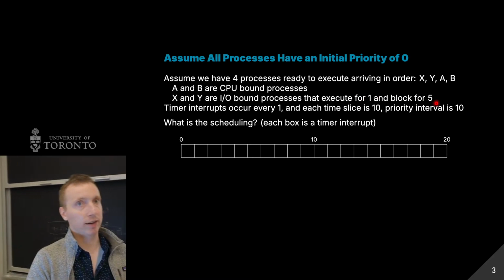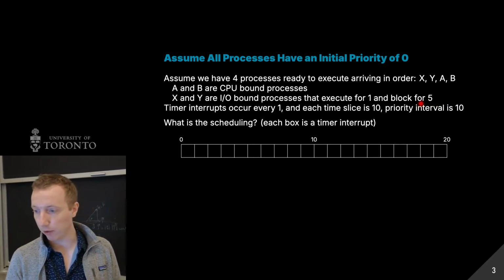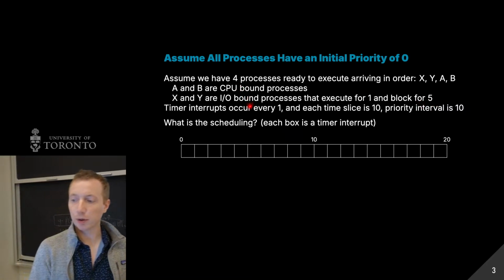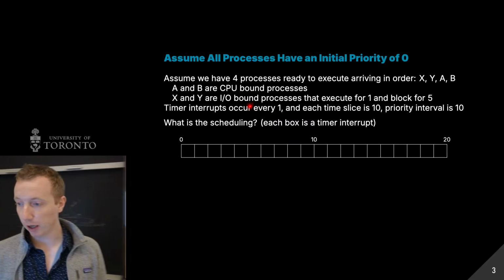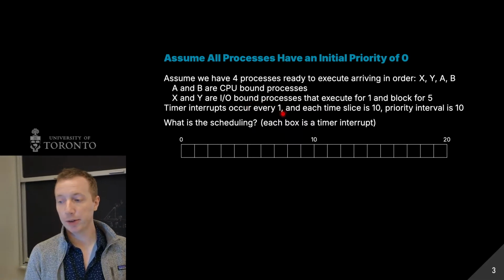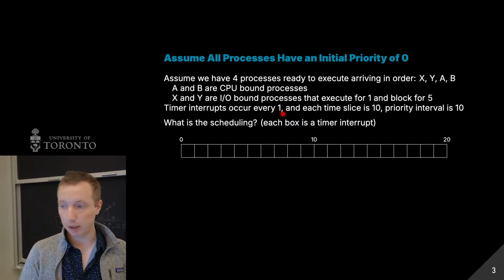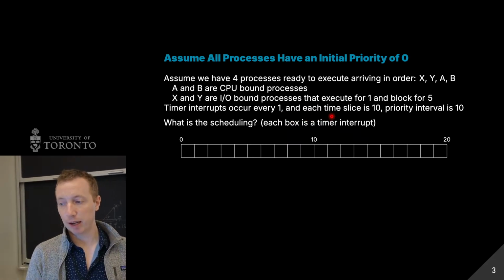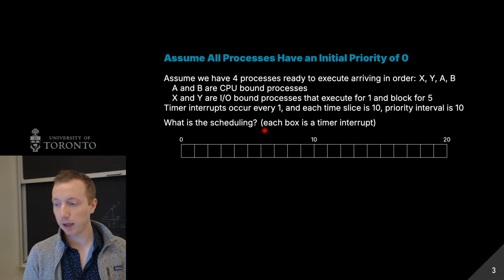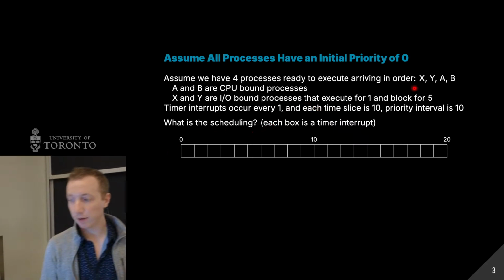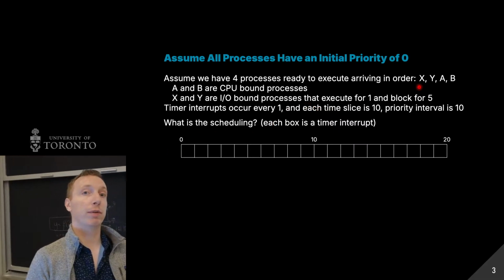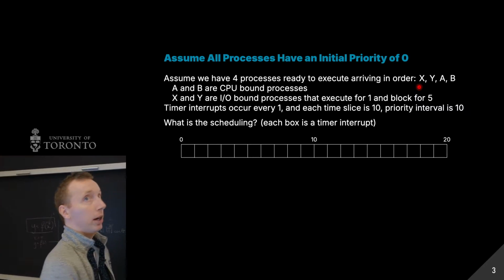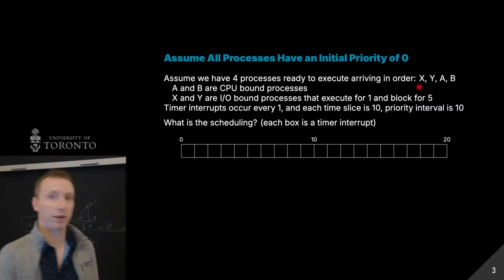It might be accessing a file or something like that. Timer interrupts still occur every 1 time unit, just to make things easy. That's the unit at which we can preempt things. Each time slice is 10, and the priority interval is 10. So what is the scheduling? If everything has a priority of 0, and we arrive in X, Y, A, B, what do we run first?